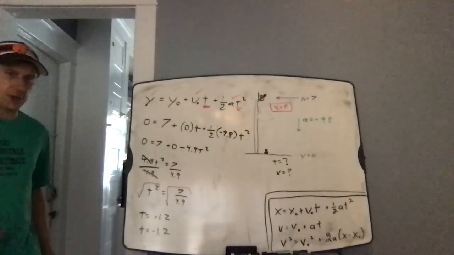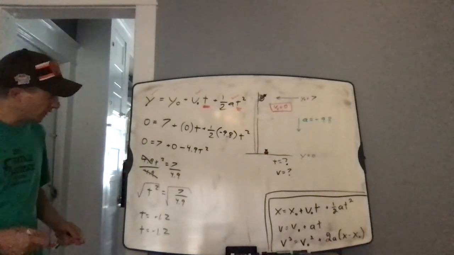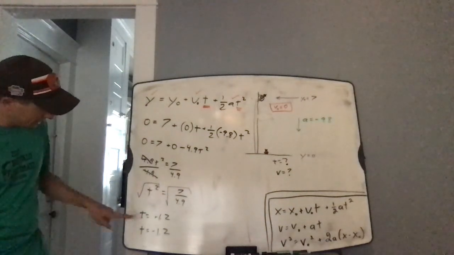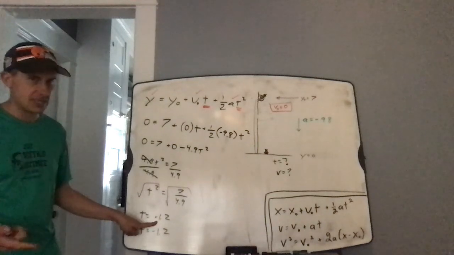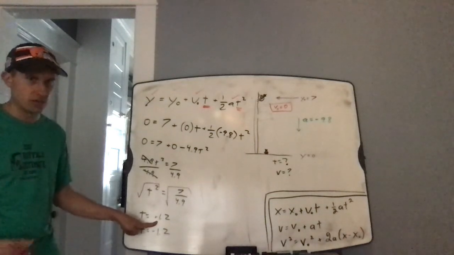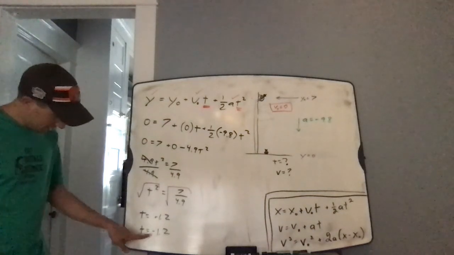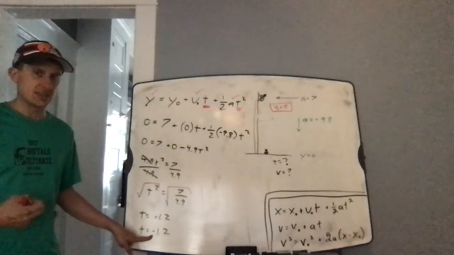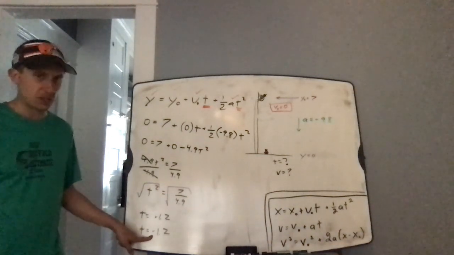Now I'm going to think about what we're doing and connect it to something in reality. If the bear lets go at t equals 0, this solution indicates the bear will hit the ground at t equals 1.2 seconds, so it'll hit 1.2 seconds after it lets go. This solution indicates the bear hits the ground at negative 1.2 seconds, which is like saying the bear hits the ground 1.2 seconds before it let go.